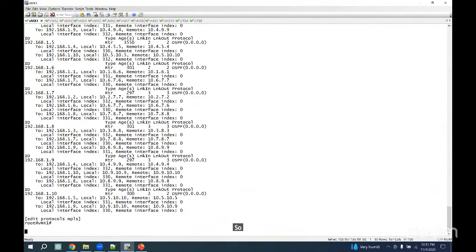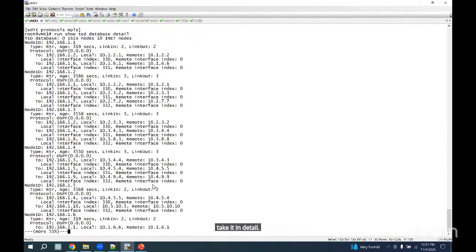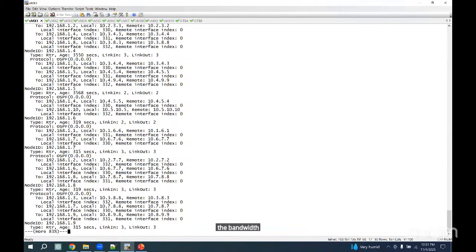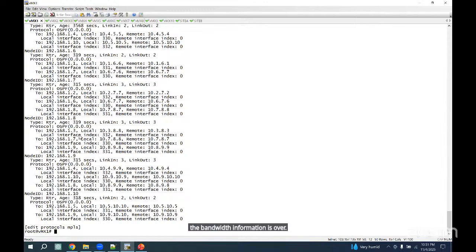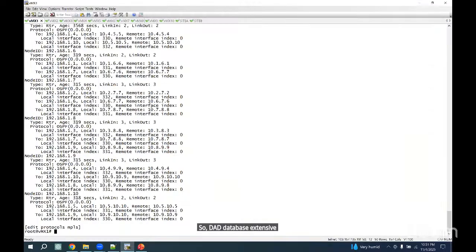If you take it in detail, then you can get the bandwidth information. So show ted database extensive. Sorry, the command is extensive, not detail.